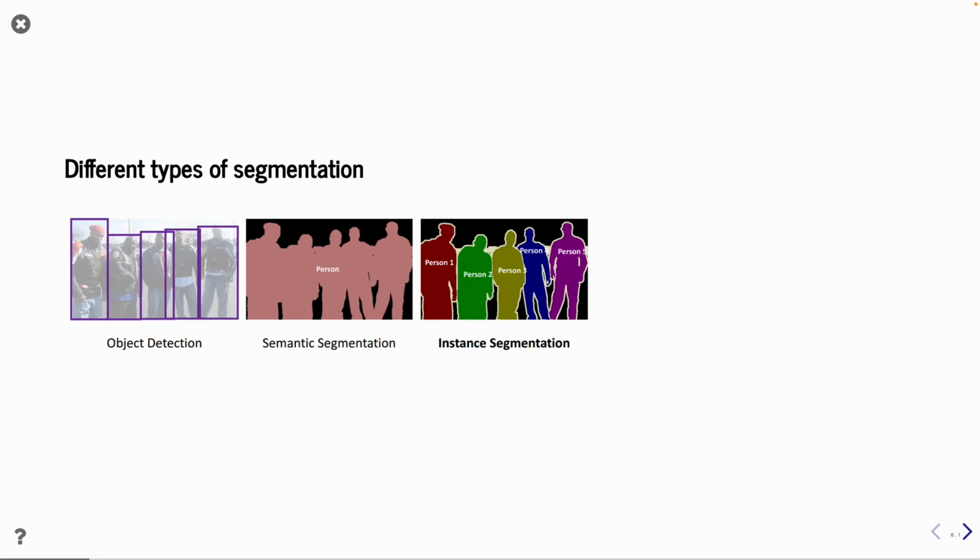There are different kinds of segmentation. So you have a picture of, in this case, five tough bikers. You can do object detection, so you can just put a frame around each person. You can also do semantic segmentation, which just says it's a person or it's background.